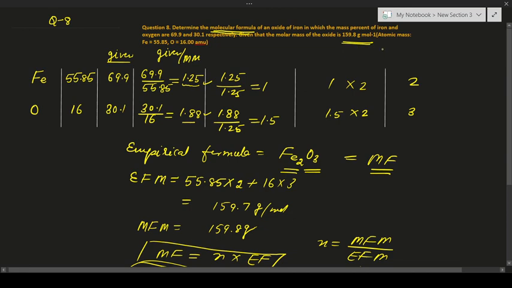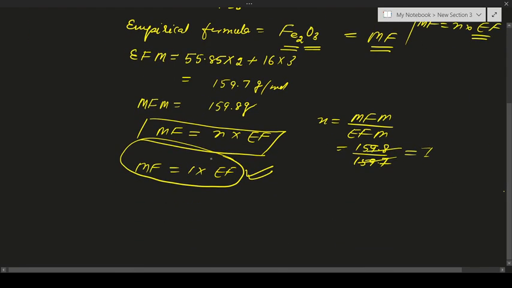So we use n equals molecular formula mass divided by empirical formula mass, and we know the relation that the molecular formula is n times the empirical formula. From here we get our answer that the molecular formula is the same as the empirical formula. So hope this answered your question.